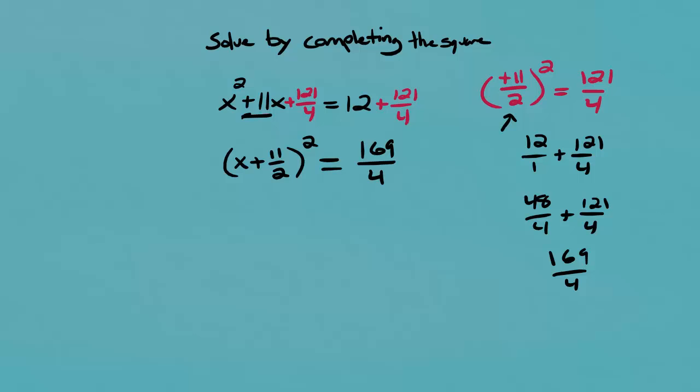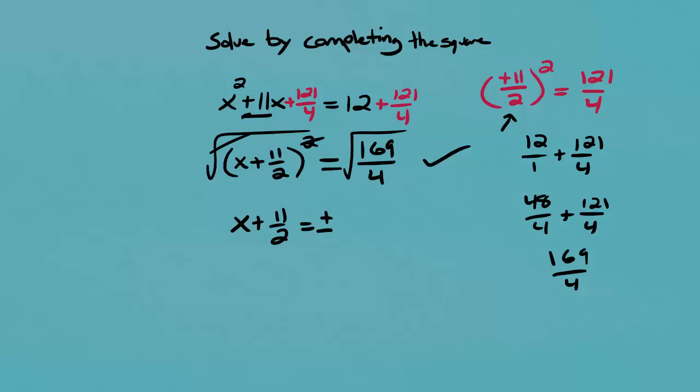We've completed the square, so this is the big first step, and now what we do is just solve this by taking the square root. So we will apply the square root to both sides of this equation to get x plus 11 halves equals plus or minus the square root here of, I didn't write that in, but the square root of both sides, square cancels that.